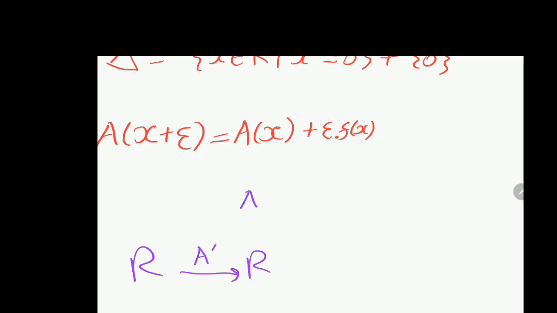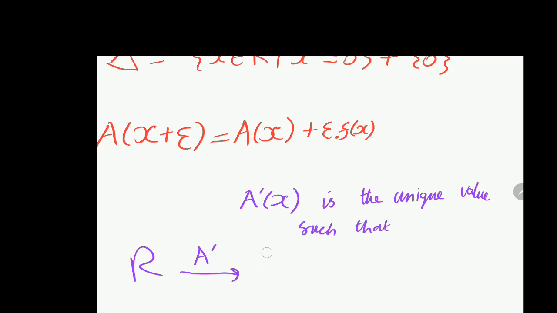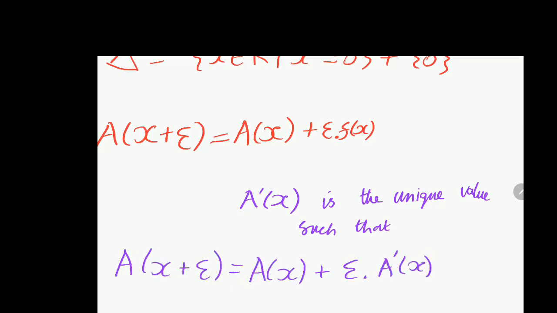Well, A dash of x is the unique value such that this equation holds for only nil square infinitesimal epsilon.